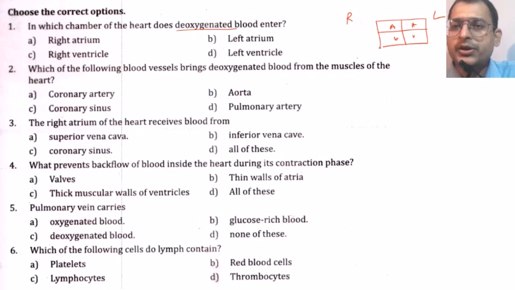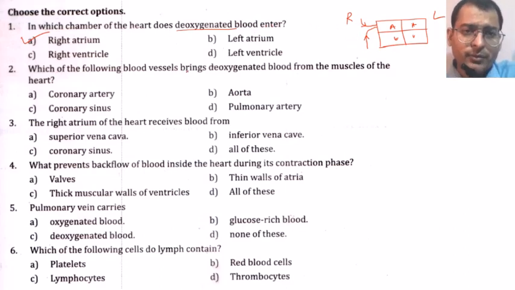The deoxygenated blood will enter into the right atrium via the superior and inferior vena cava. So it will be the right atrium.